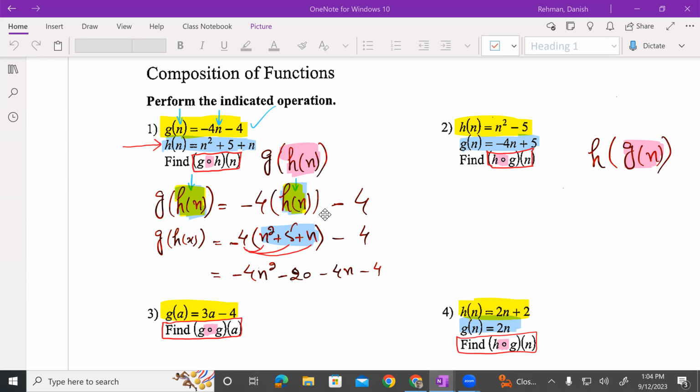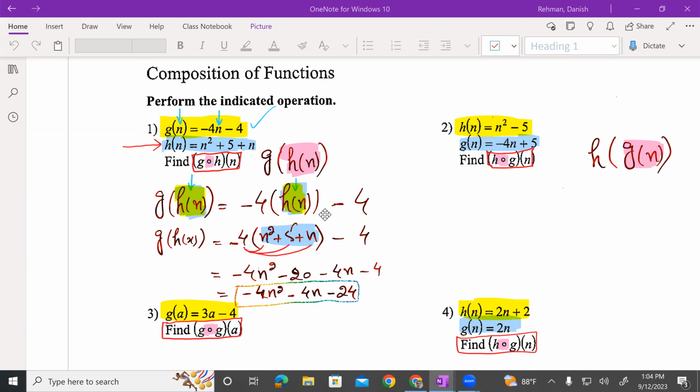The 4 at the end can be added to the 20 exactly. So the 20 and the 4 will combine to what? 24. And as we know that we will always write the terms in descending order of the power, I will write it like this. And this final thing is my answer.